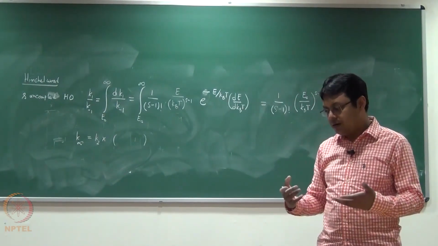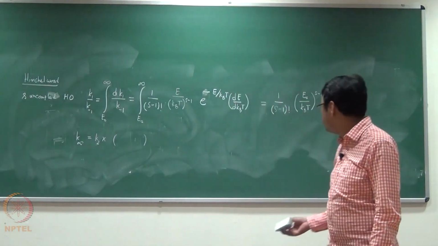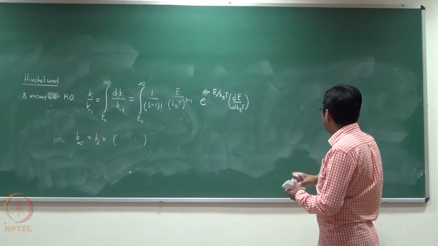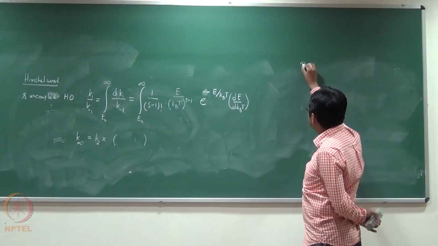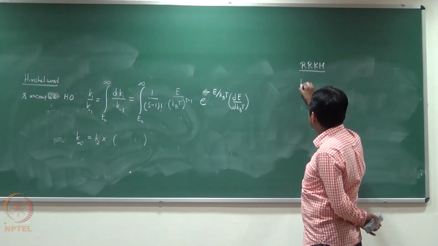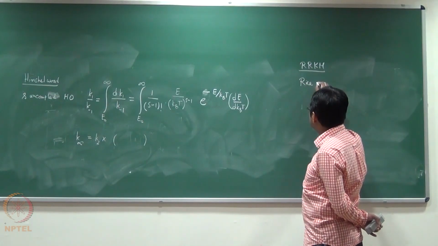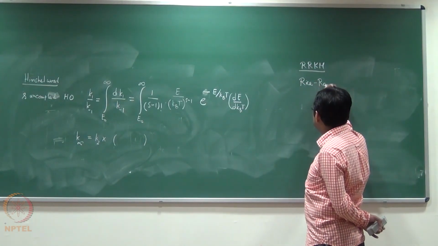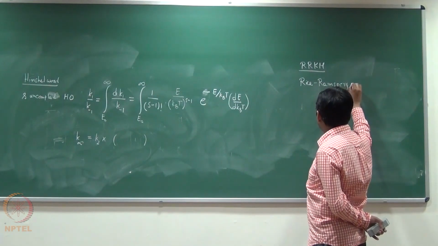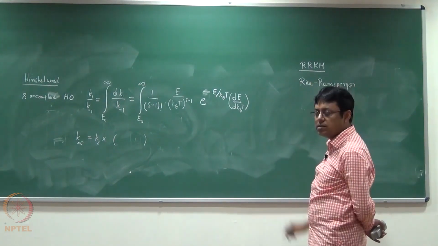Now there is a systematic development for this, which is known as the RRKM theory. RRKM comes from Ramsperger. This is actually Oscar Rice.